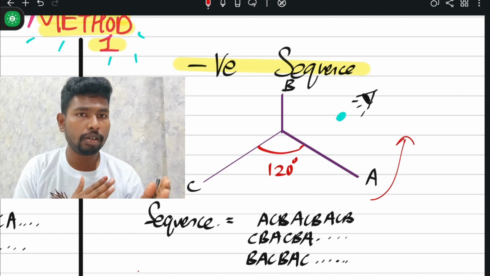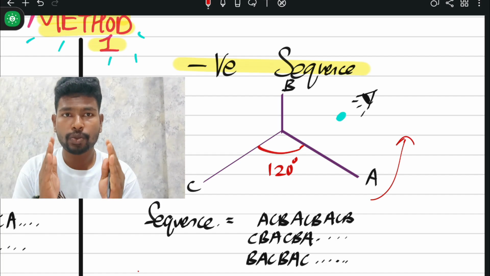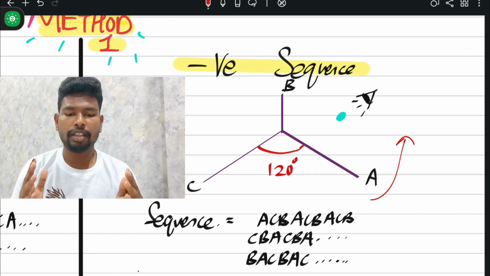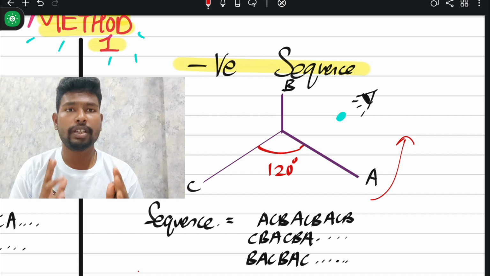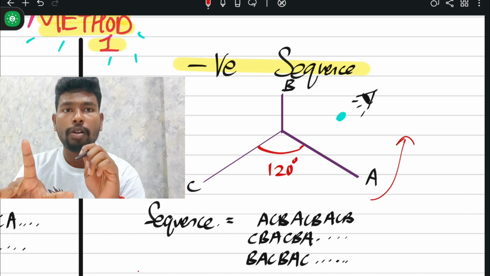You either choose anti-clockwise or clockwise. It goes the same, you just have to fix one direction. I assume anti-clockwise.